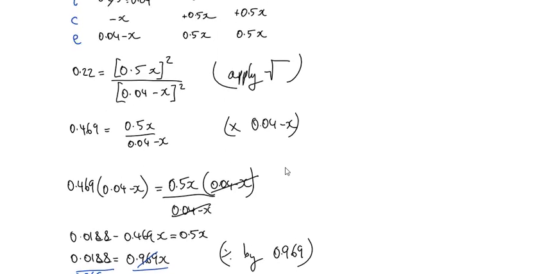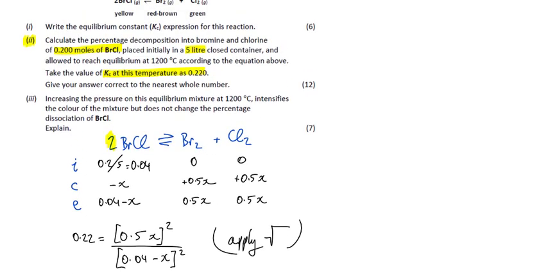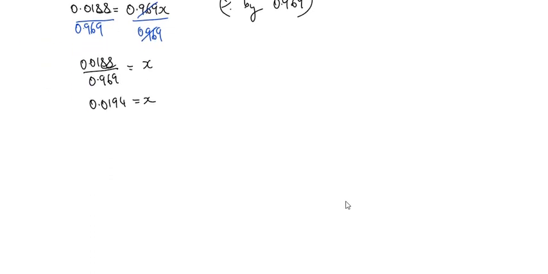So what are we asked in the question? If we have a look, we're asked to calculate the percentage decomposition into the products. So we need to find out the percentage of x, the percentage that represents of the initial concentration.